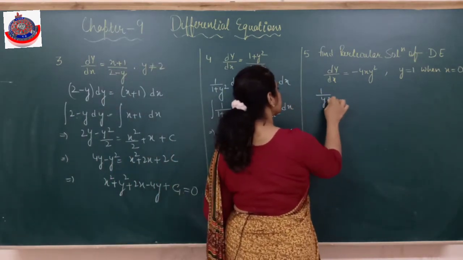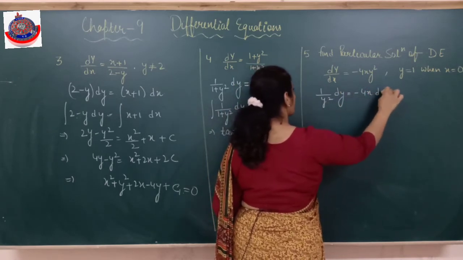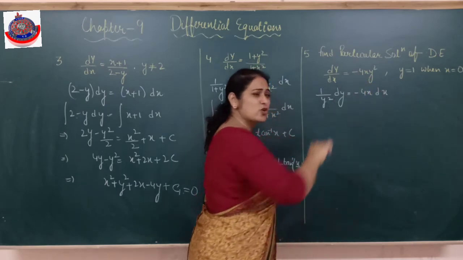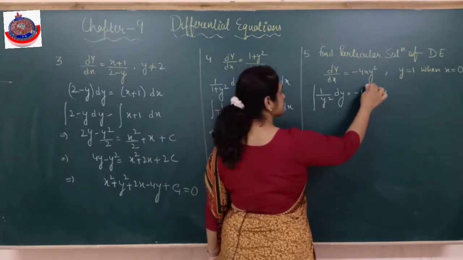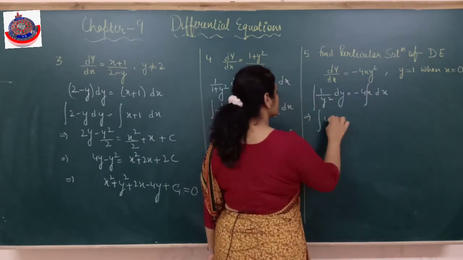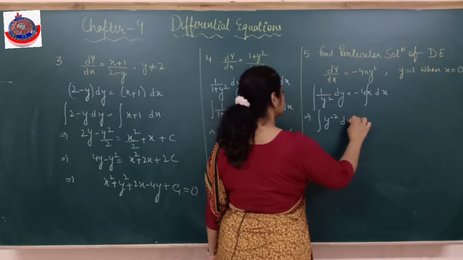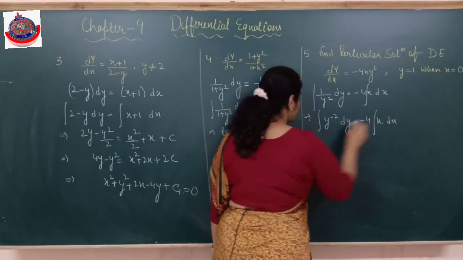This will come here. See, do not bring this minus and the constant. Let it be on that side only. Is it clear? The constant, I am keeping it outside. To integrate this, I am taking it up. Now integrate.